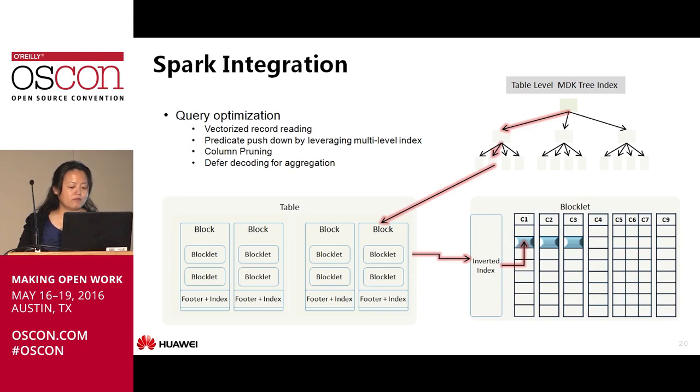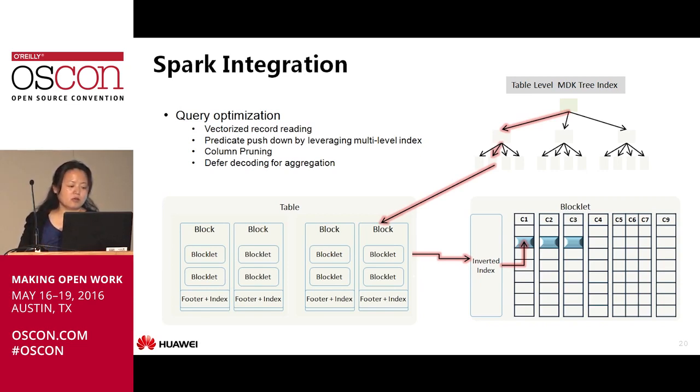So with the help of various levels of index, we can do a much better job of narrowing down the blocklets we need to scan and excluding the blocklets we can from the scan. This is a big advantage of carbon data.